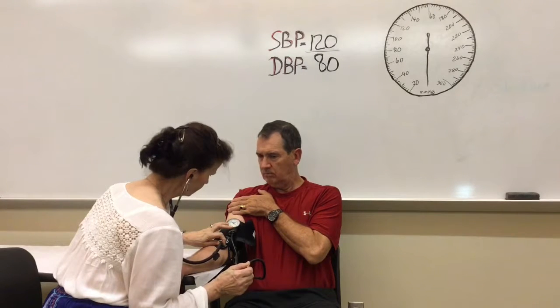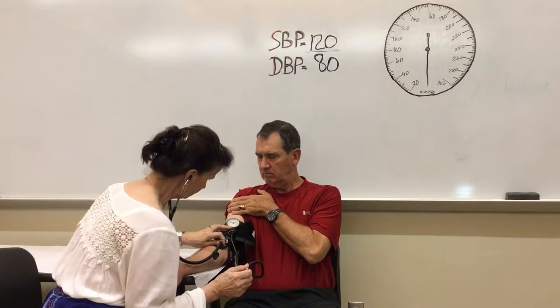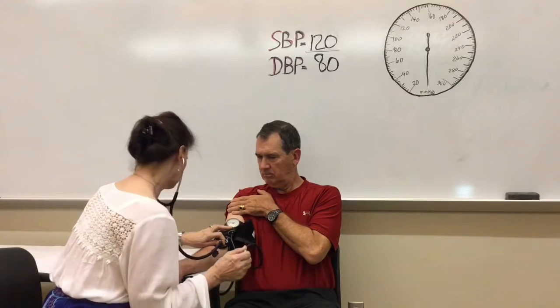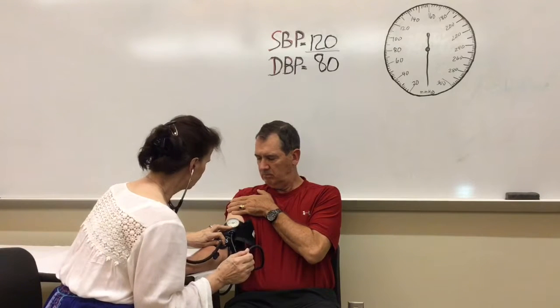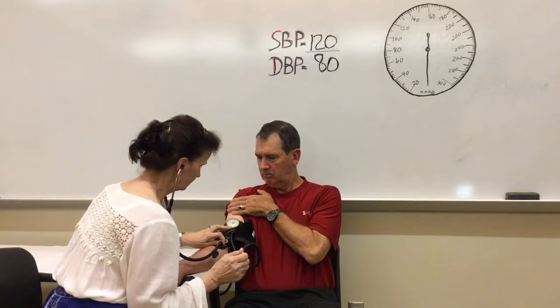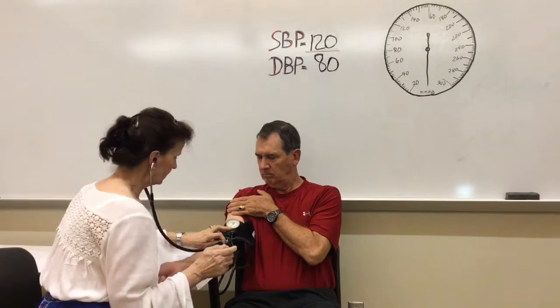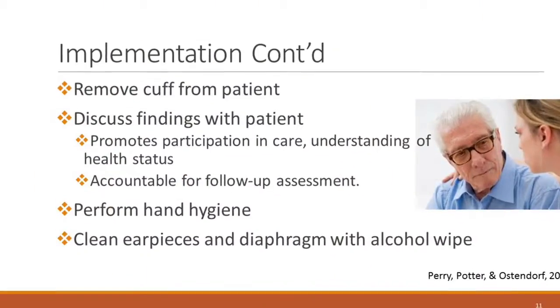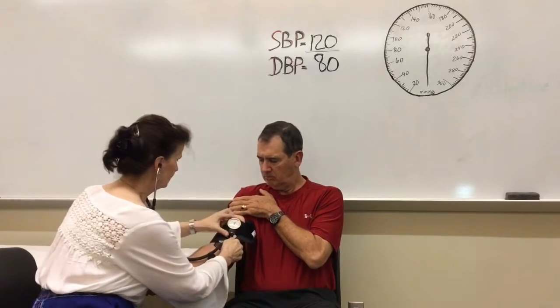Okay, I heard it at 120, the first sound, and now we'll wait until we don't hear any sound. And now it's over 80. And then we just let it go down. Okay, that was a very good blood pressure. Very good blood pressure, 120 over 80.